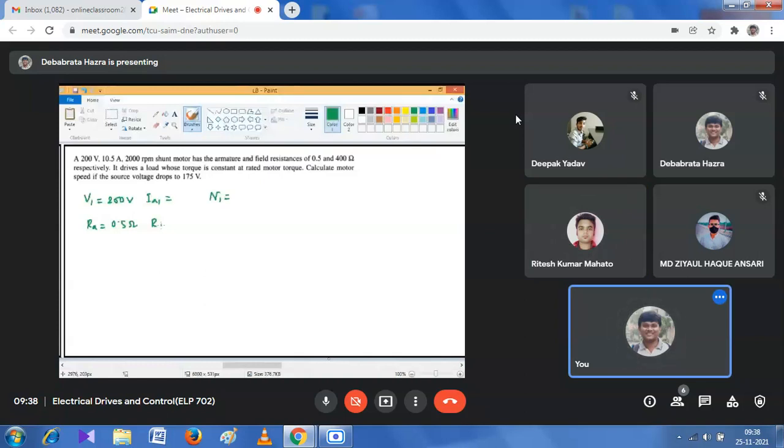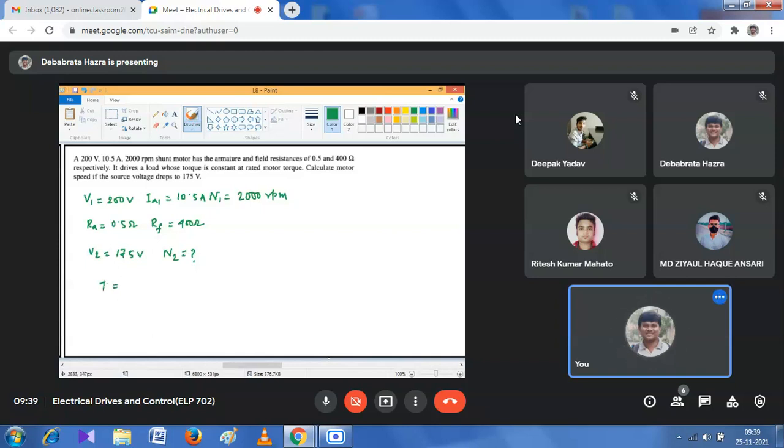And there is another condition. It says the torque is constant because it is written here: it drives a load whose torque is constant at rated motor torque. So what is the formula of torque? For a shunt motor, what is the formula of torque?